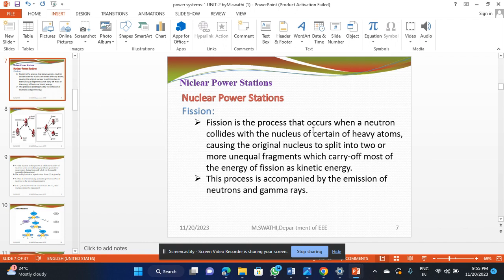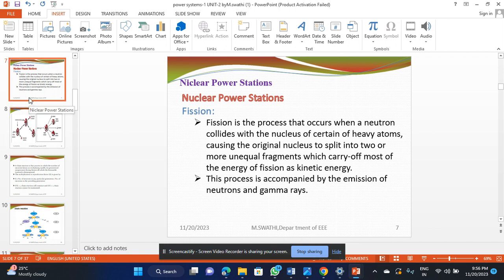It is the process that occurs when a neutron collides with the nucleus of certain heavy atoms, causing the original nucleus to split into two or more unequal fragments, which carry off most of the energy of the fission as kinetic energy. The process is accompanied by the emission of neutrons and gamma rays.